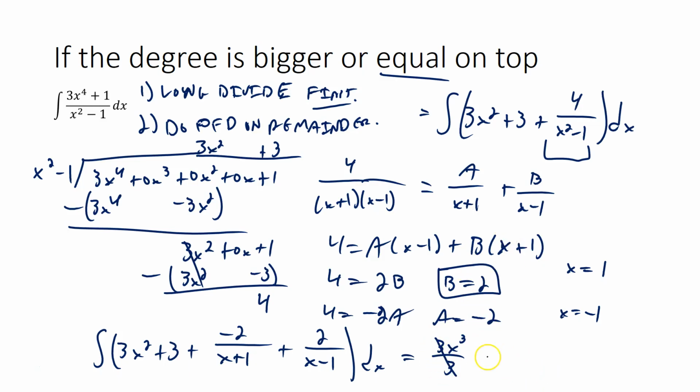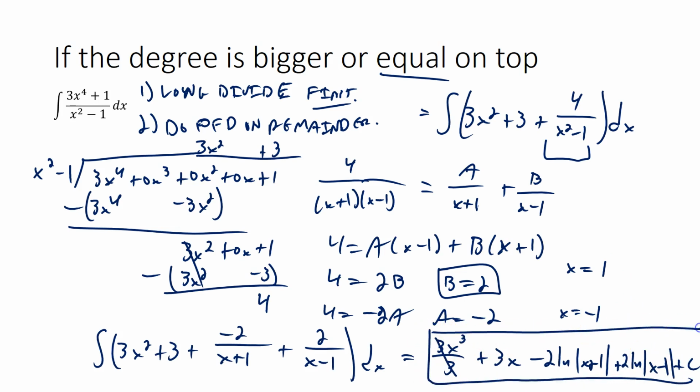And then plus 3x, and then minus 2 ln absolute x plus 1, plus 2 ln absolute x minus 1, plus C. There's our answer. So you see, basically the long division gives us some polynomial things out here, and then we have the partial fraction decomposition on just the remainder.